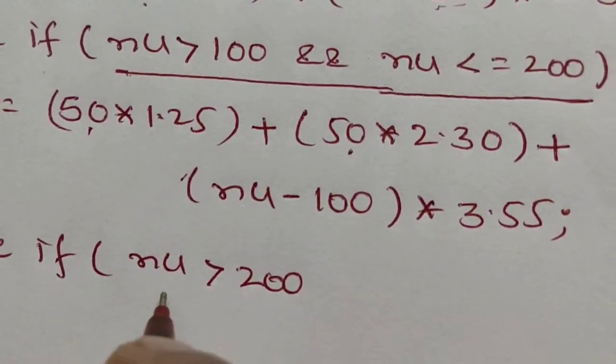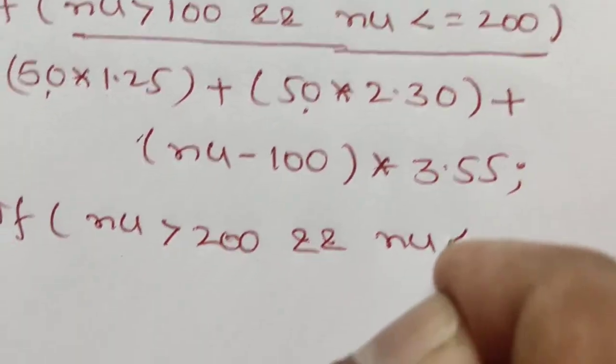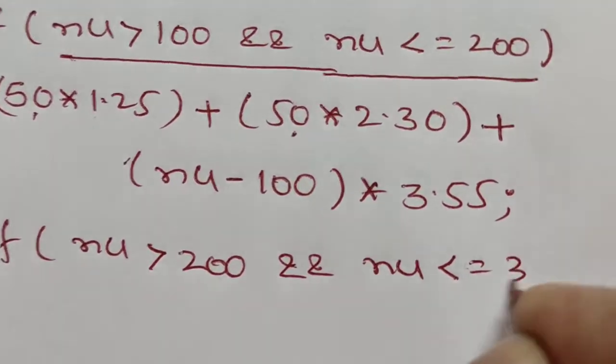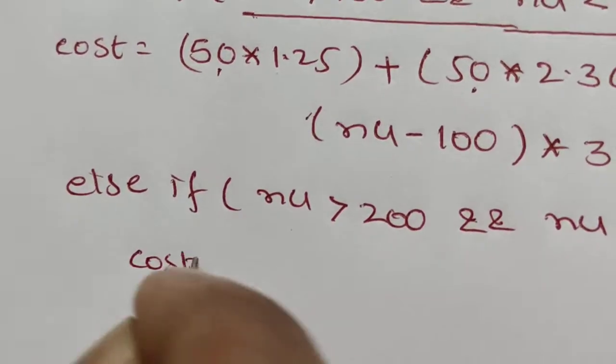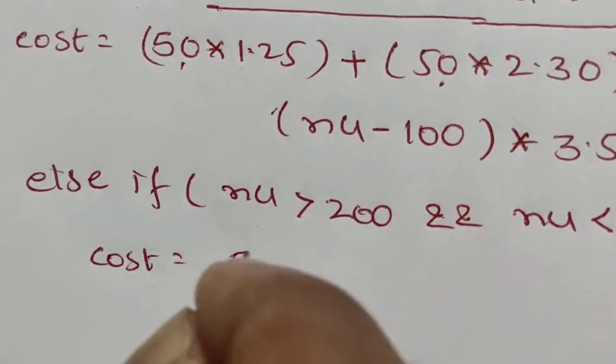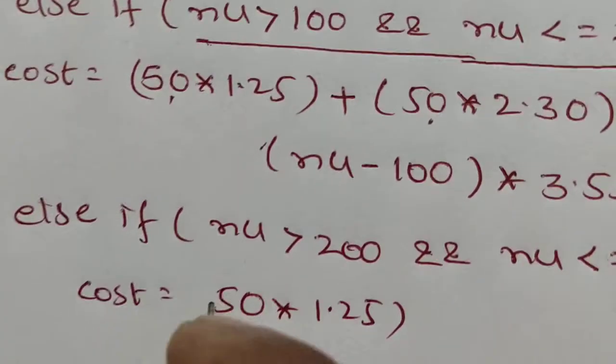Here we calculate number of units greater than 200 and less than or equal to 300. Then the cost of the bill is: first 50 units, 50 into 1 rupee 25 paise.